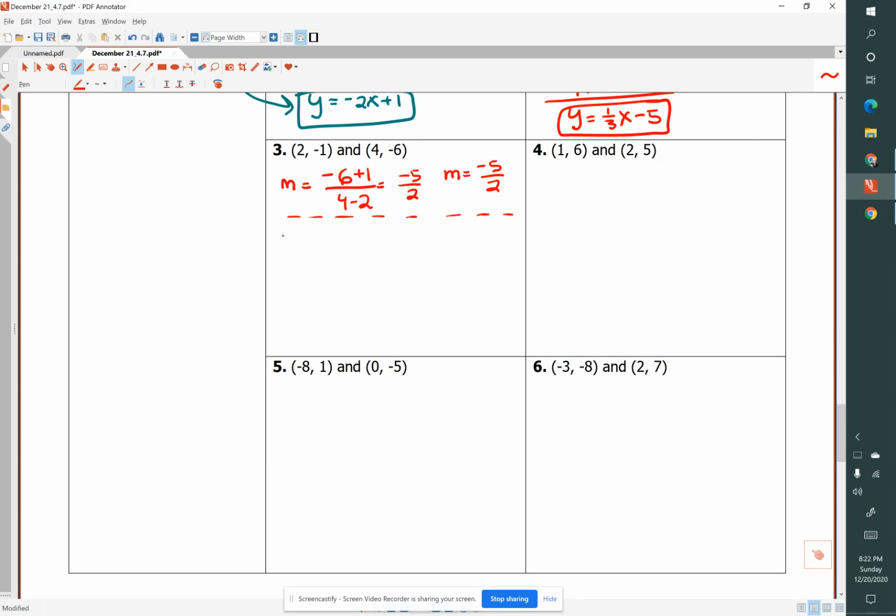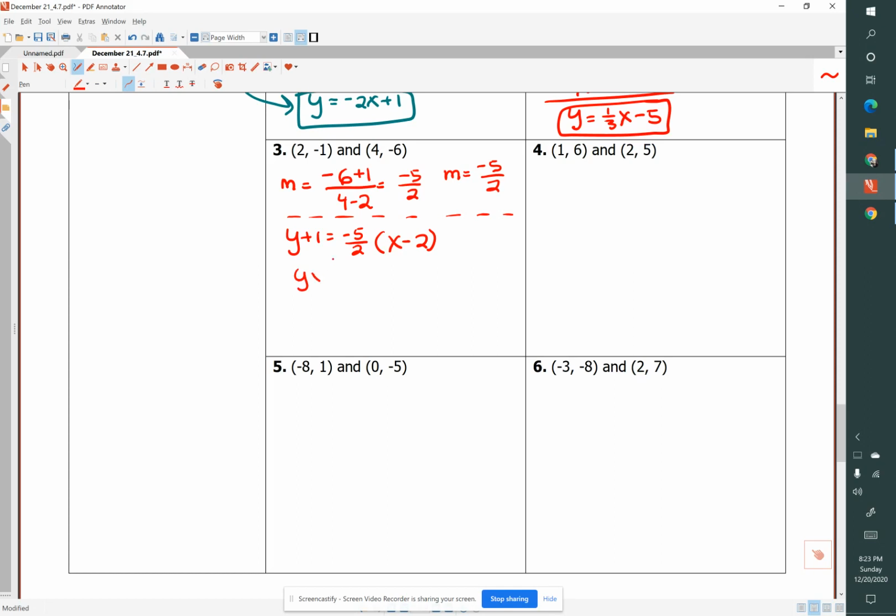Now we'll use the point slope formula. Y minus negative 1 is the same as y plus 1 equals negative 5 over 2, our slope, times the quantity of x minus 2. Now we distribute.